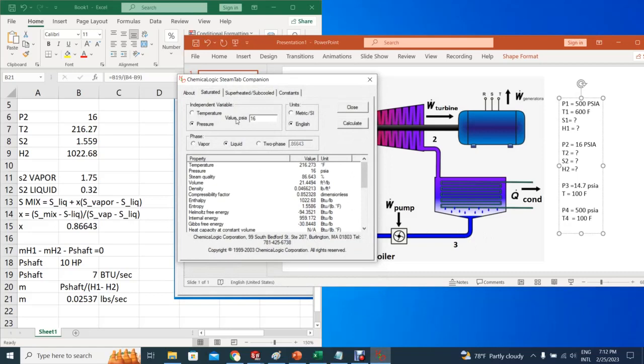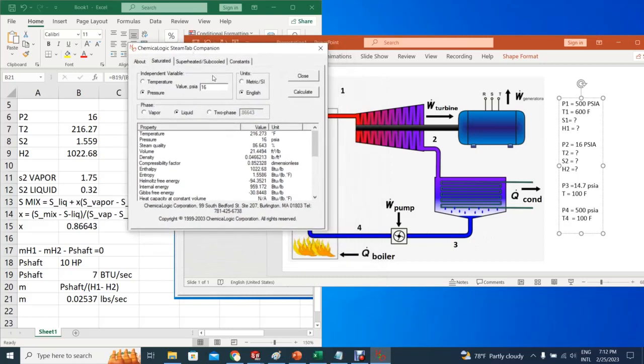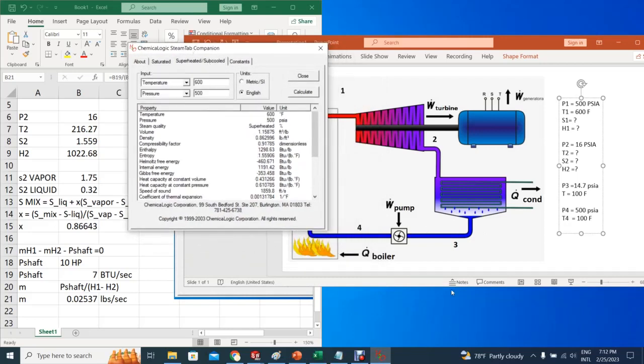Now, what's the pressure? You can get it right here because you will be in a subcooled condition. Let's say that the pressure is 500, but the temperature here is going to be 100. Now we calculate, and clearly you are in the subcooled region, and it tells you all the information that we need, and the most important is just the enthalpy, which is about 69.35.